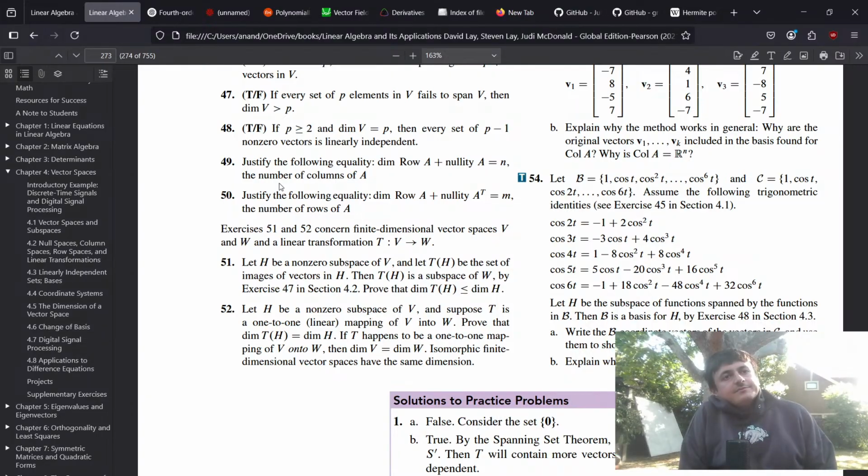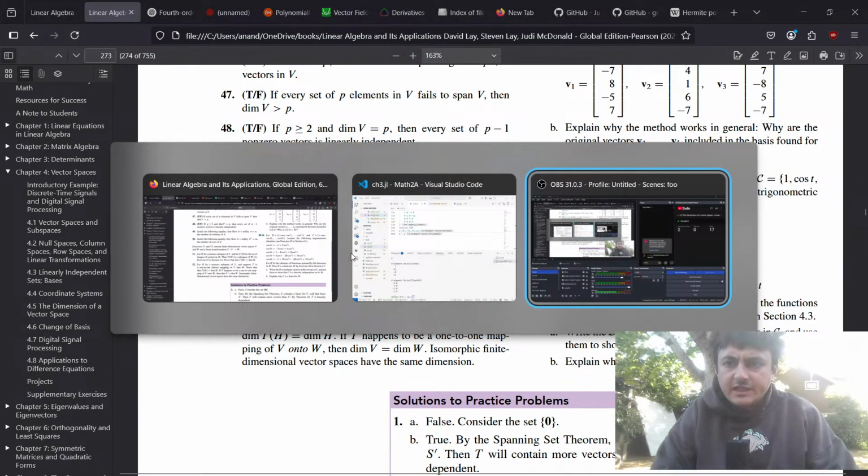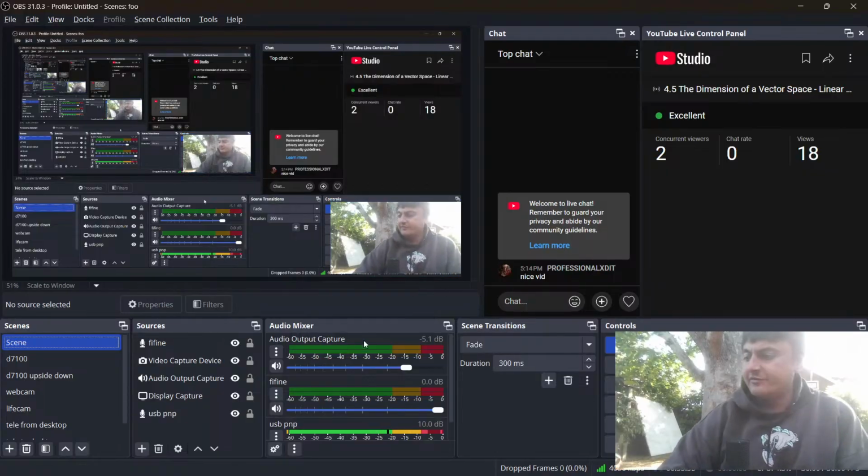So let's say we have like... Okay, these are all obvious. All right, that's it. That is the dimension of a vector space.